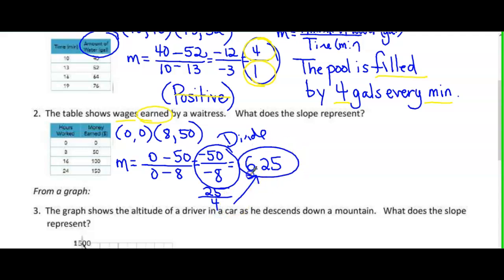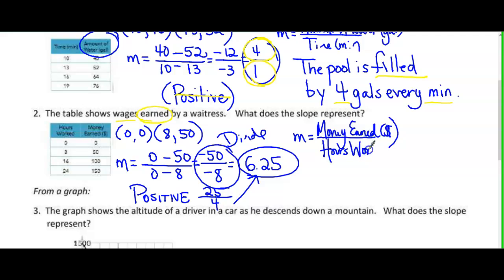We want this 6.25. And again, this is positive, not negative. So something has to be increasing or going up. Again, you don't need to do this, but I'm going to because this is your notes. This is money earned in dollars. On the bottom is hours worked.